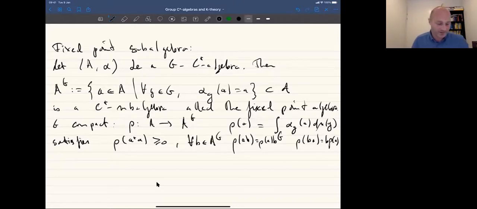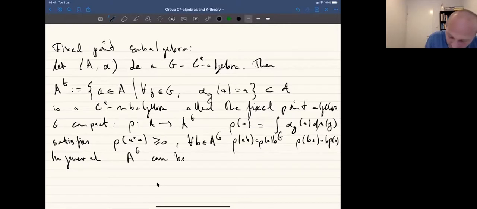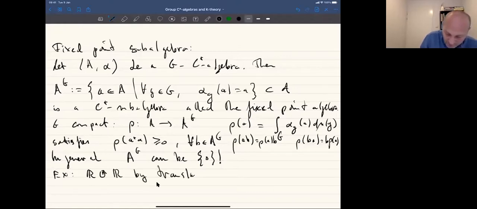This thing in general doesn't exist, so in general, A^G can be 0. And that's especially when you're working with non-unital algebras. So the simplest example here is to take the action of R on itself by translation, just additive translation.